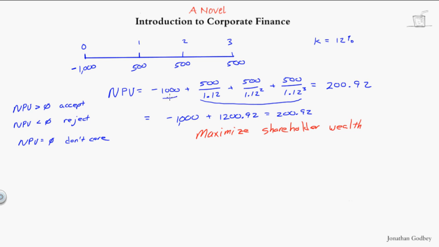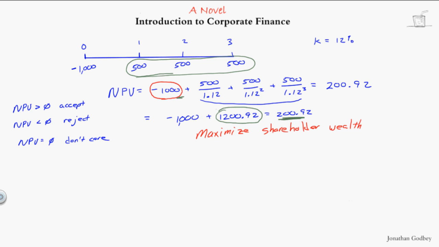So I'm taking the $1,000 that the shareholders have entrusted me with, and I spend it to buy a mixer. If I buy that mixer, the mixer generates $500 cash flows over the next 3 years. The value of those $500 cash flows is $1,292. So I'm spending $1,000 to get $1,292. I'm increasing the value of the firm by $200, $200.92.